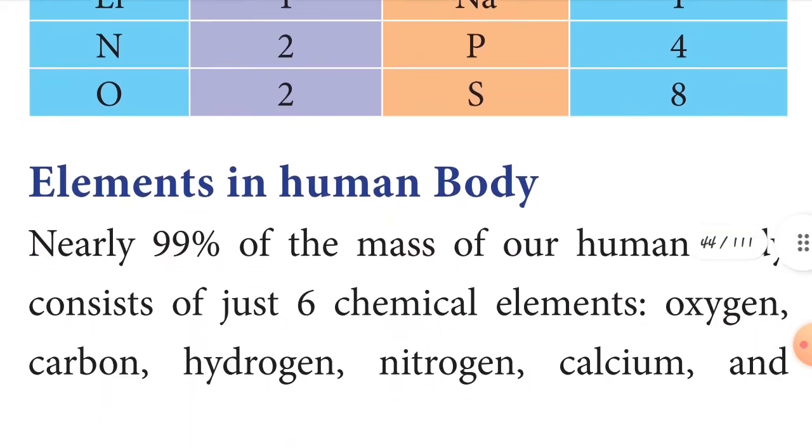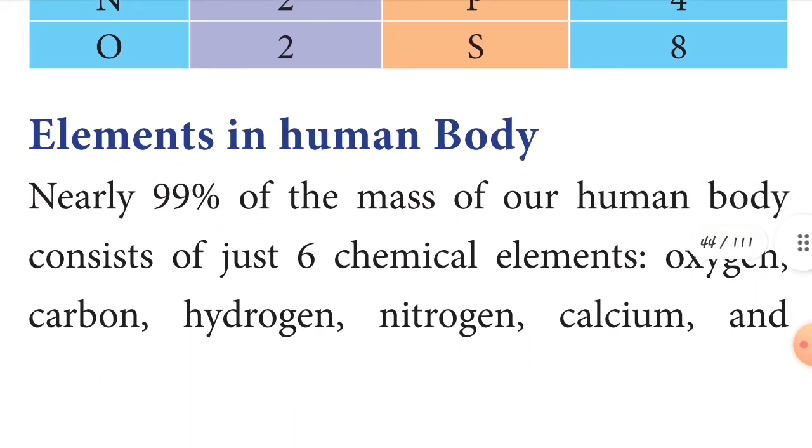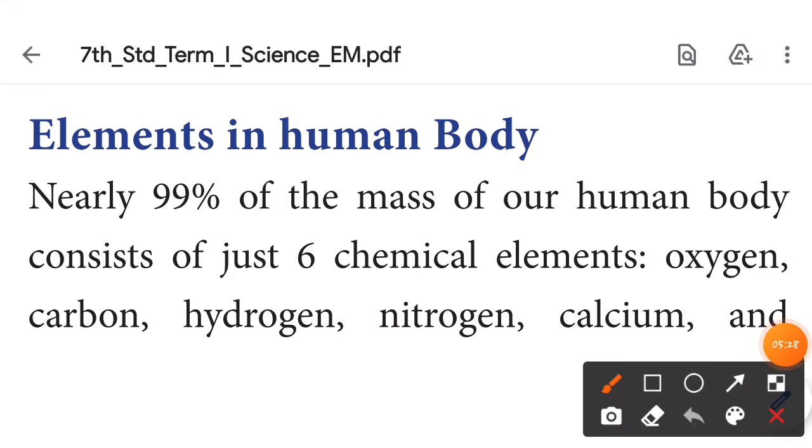Yes, very good. Next, let's see elements in the human body. Nearly 99% of the mass of our human body consists of just how many chemical elements, children? Only 6 chemical elements. What are the 6 chemical elements?